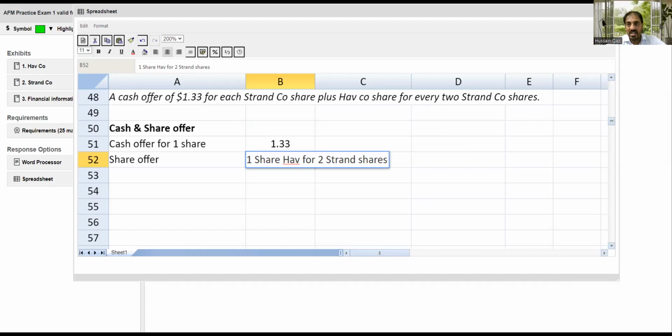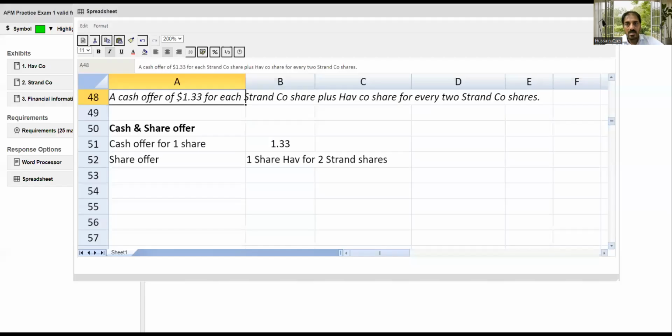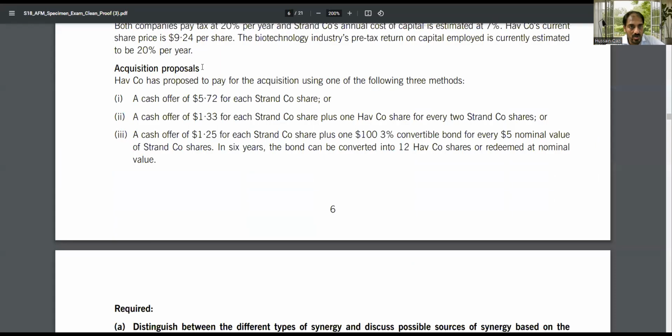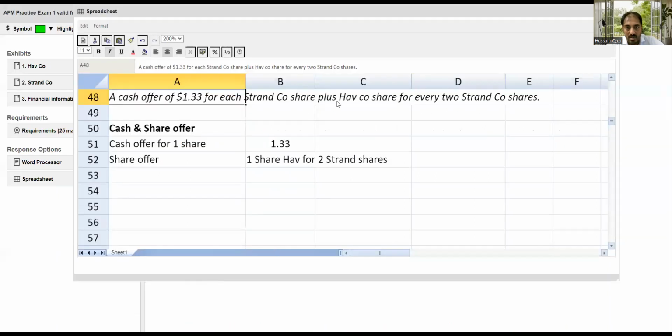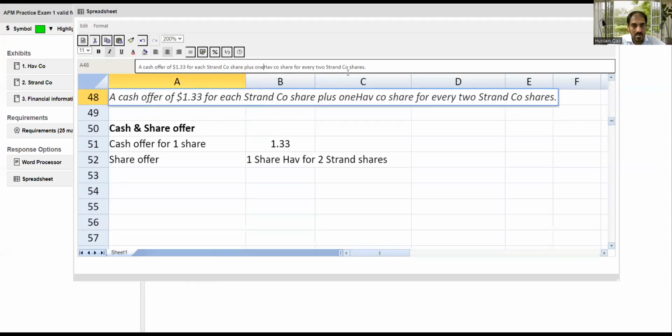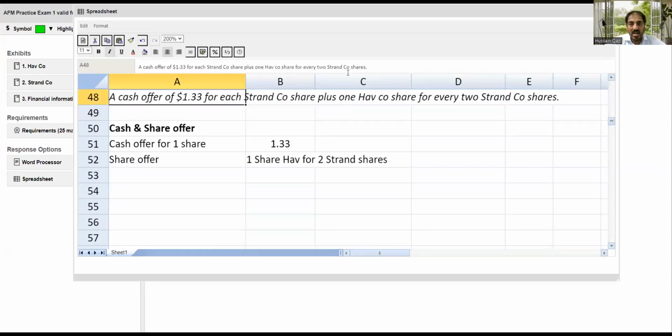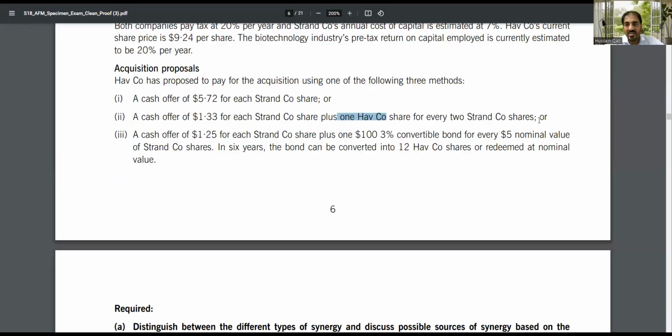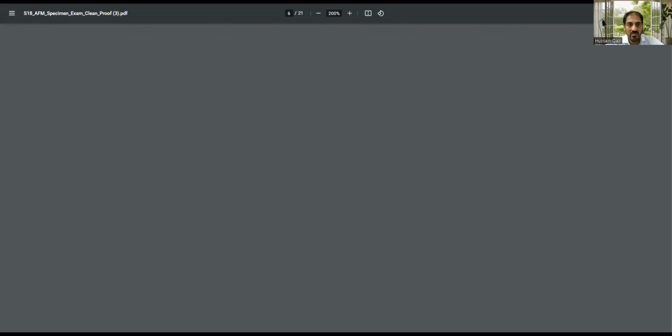Let's check the original question once again. A cash offer 1.33 for each Strand plus one half company shares for every two Strand company shares. So it's very clear.